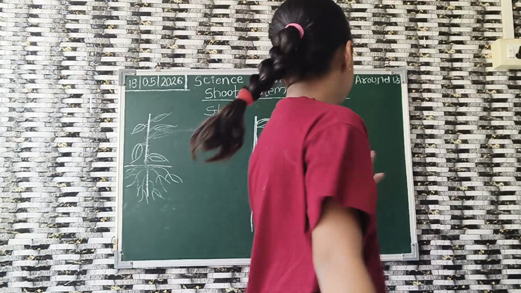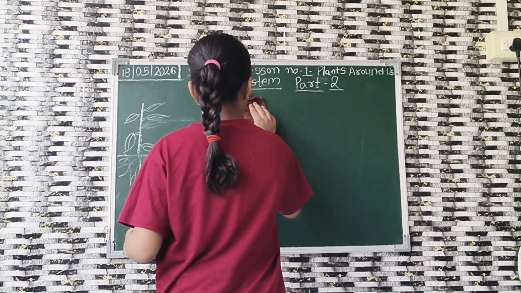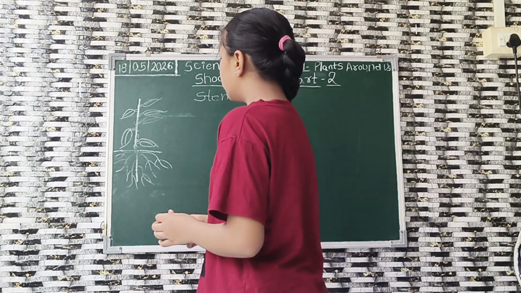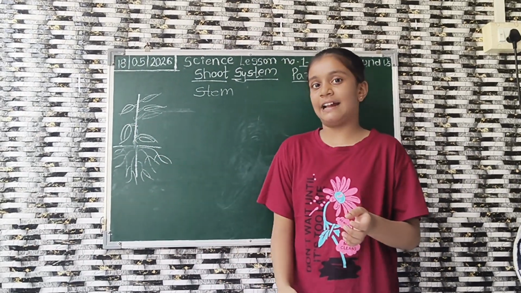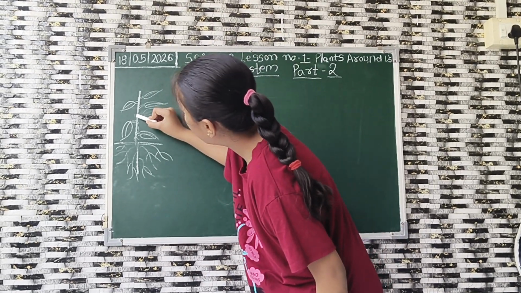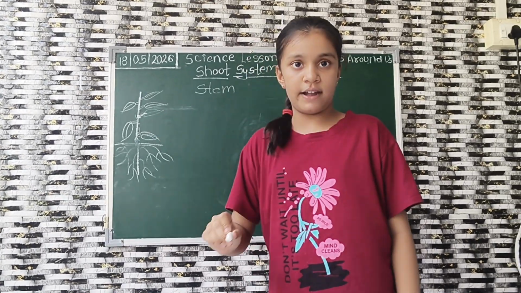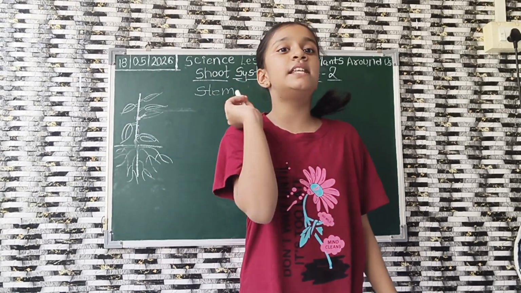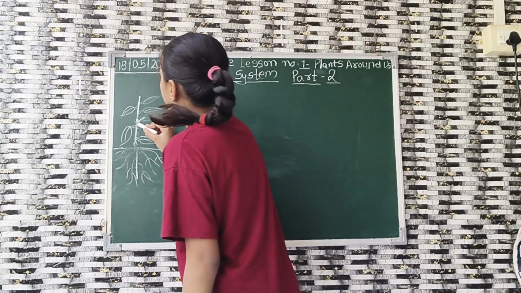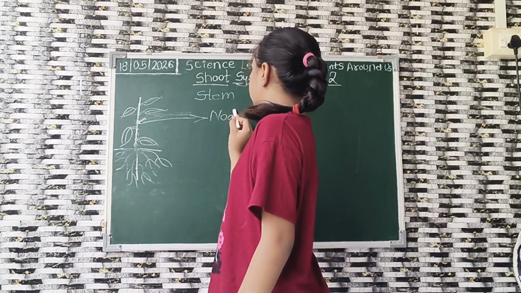Now you can see one diagram here. See this point from which the leaf joins. This part is known as the node.